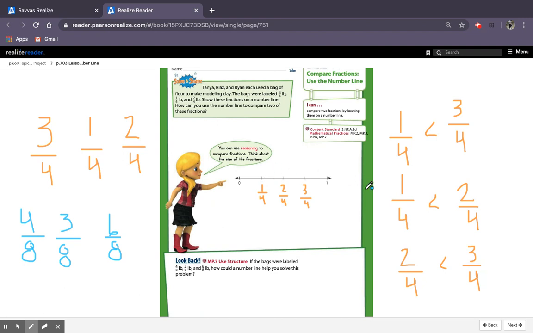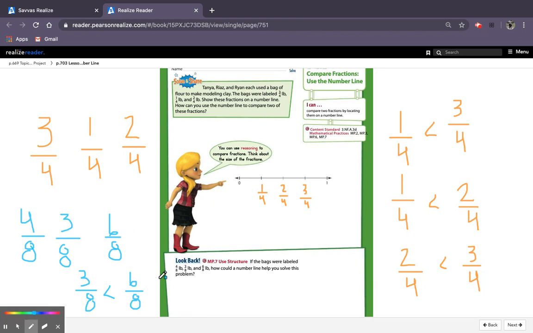Then I would make a comparison statement based on their positions. They all have the same denominator, so I know 3/8 is the smallest and 6/8 is the largest. I could see that on a number line as well. So I could make the statement that 3/8 is less than 6/8. This is just one example of a comparison statement.